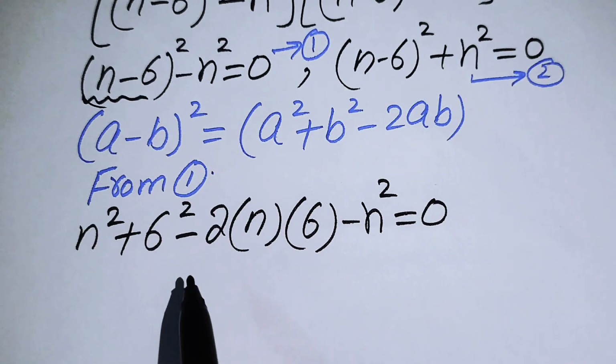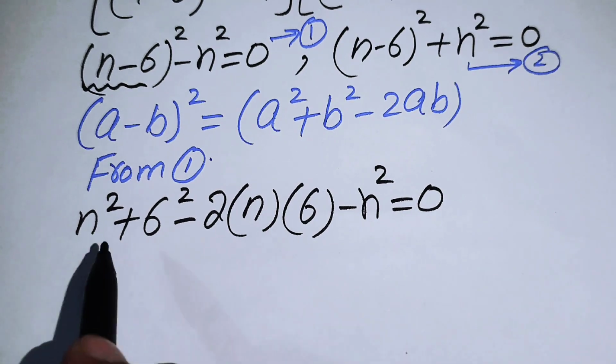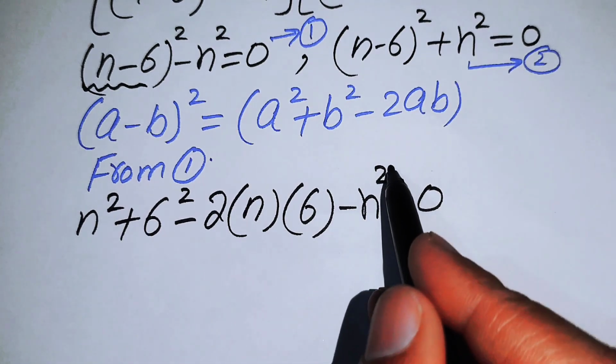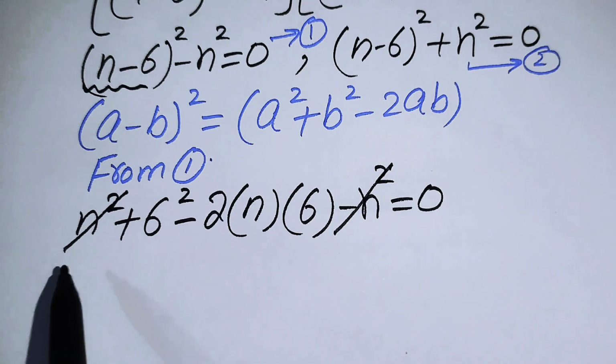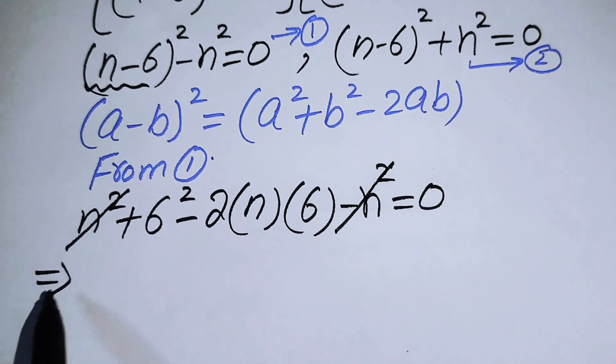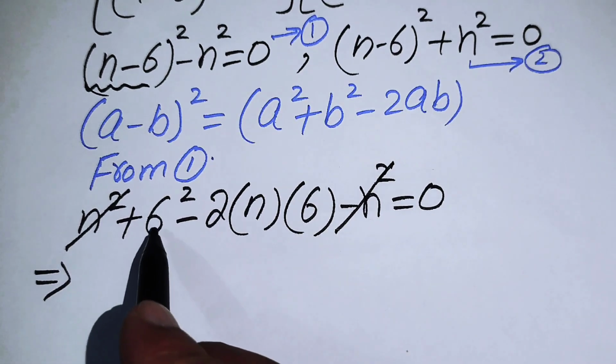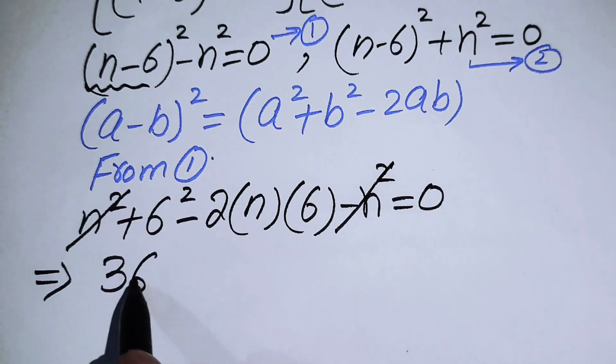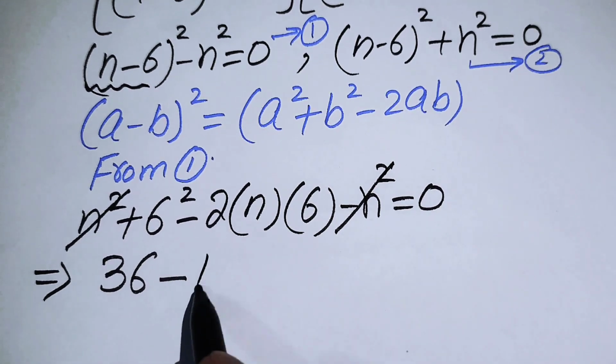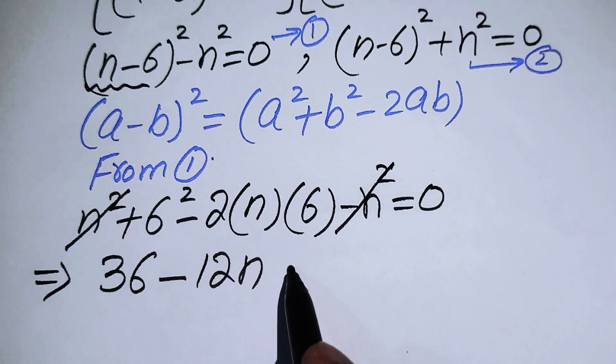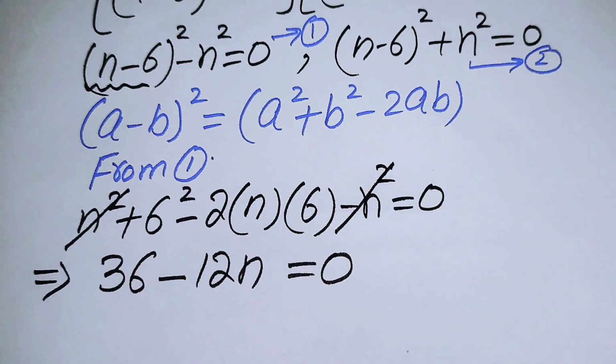This expression simplifies: the negative n squared and positive n squared cancel each other, and we obtain 6 squared, which is 36, minus 2 times 6, which is 12n, equals 0.